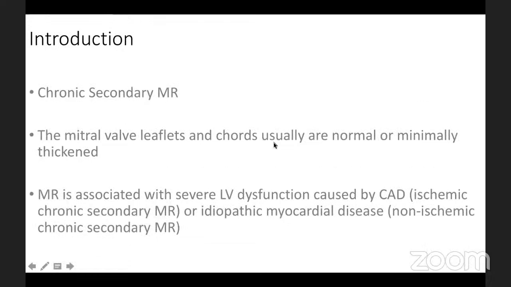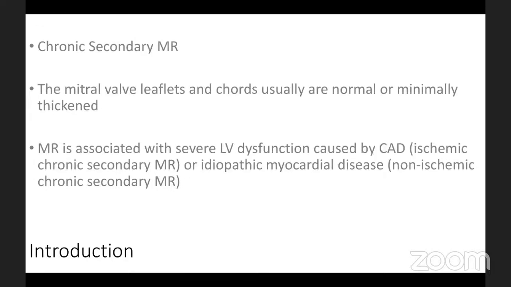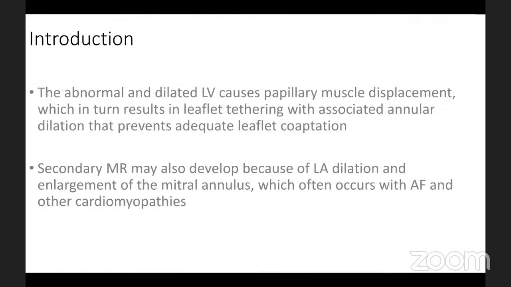For chronic secondary MR, the mitral leaflets and chordae usually are normal or minimally thickened. In this case, mitral regurgitation is associated with LV dysfunction caused by coronary artery disease, ischemic secondary MR, or idiopathic myocardial disease, non-ischemic secondary MR. The abnormal and dilated LV causes papillary muscle displacement, which in turn results in leaflet tethering with associated annular dilation that prevents adequate leaflet coaptation.